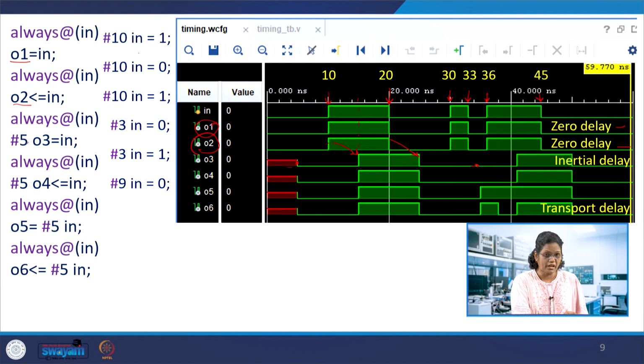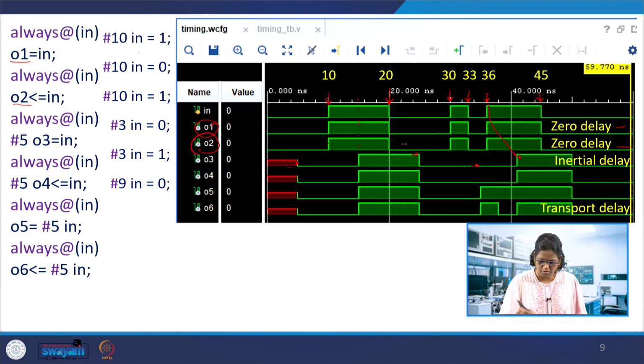So this change would not be reflected if you have this immediate assignment with the delayed evaluation #5. This is a regular time delay, and at 36, even though there is a signal change, that is reflected at 41.